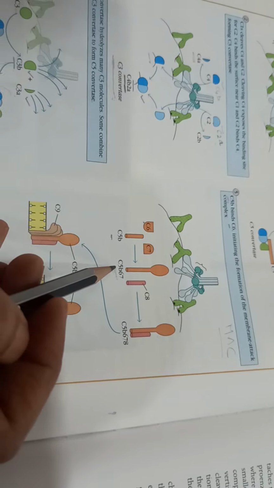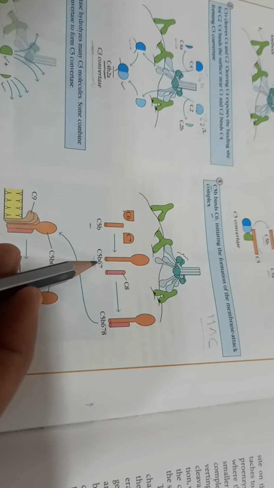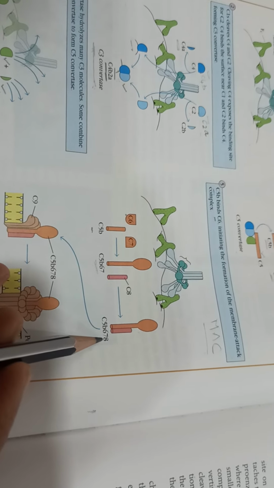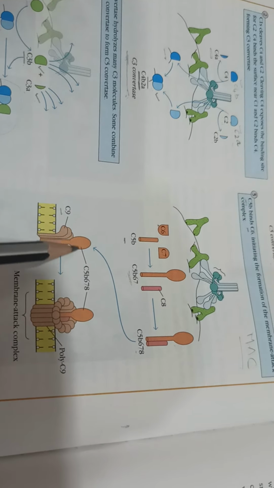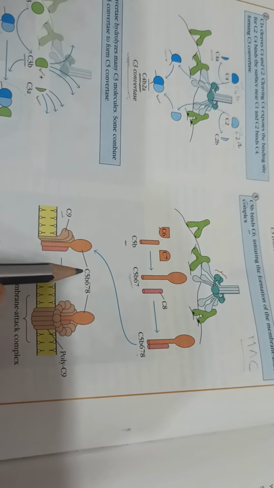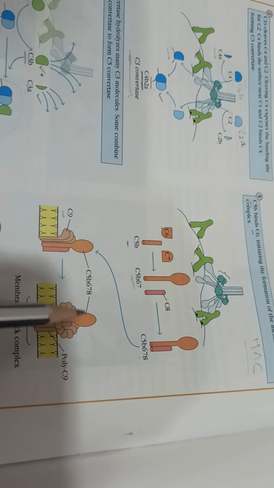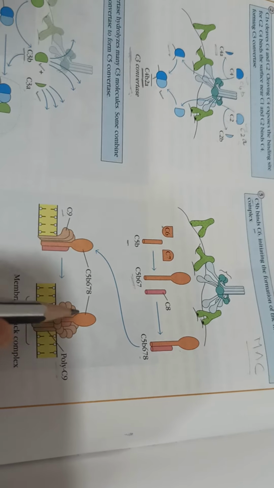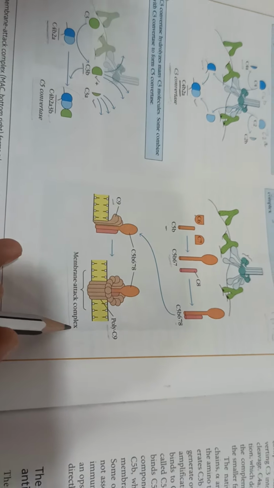Here you can see that C5b is joined by C6, C7, further by C8, and finally it is also joined by poly C9. All these will join together to form the membrane attack complex.